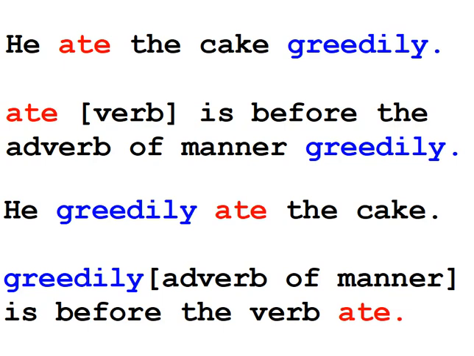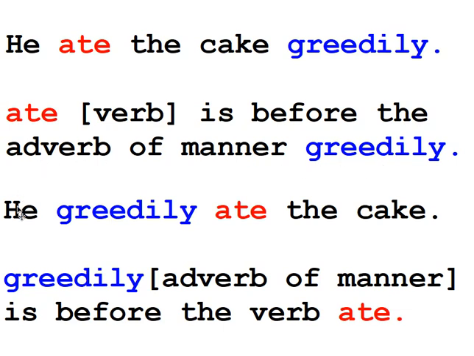And normally the adverb of manner can come before or after. So when you look at the verb, ate is the verb, and it has come before the adverb of manner, greedily.